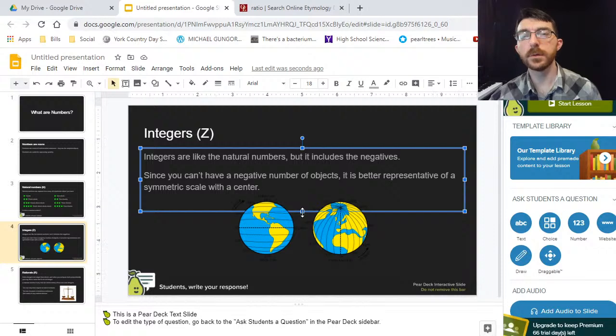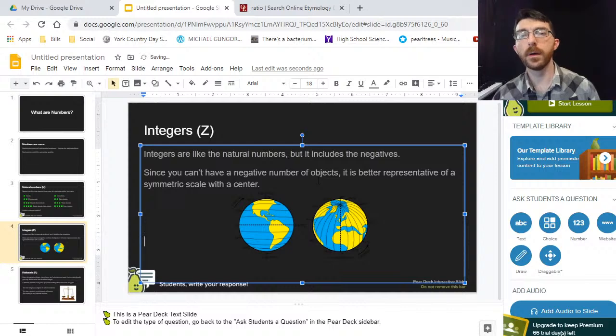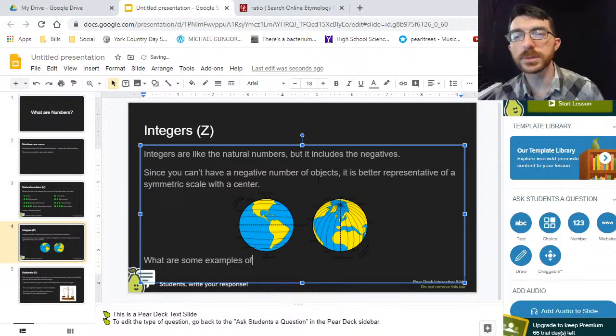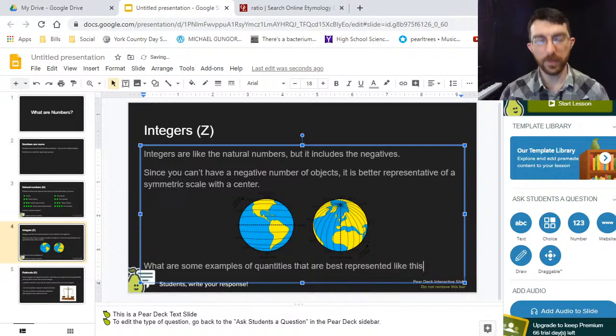What are some examples of quantities that are best represented like this?